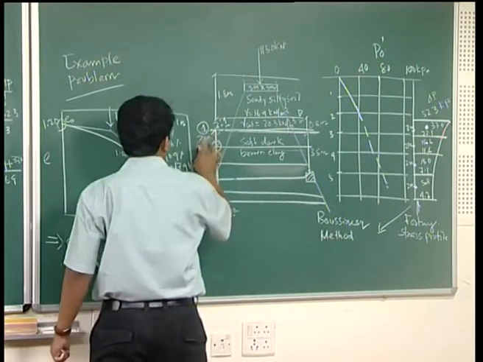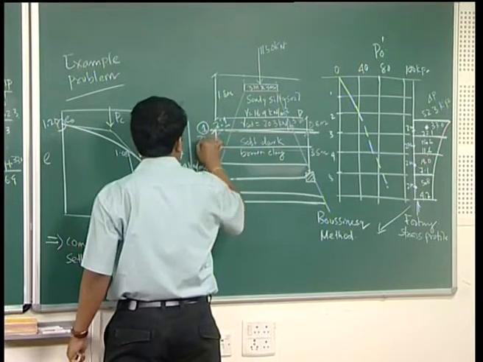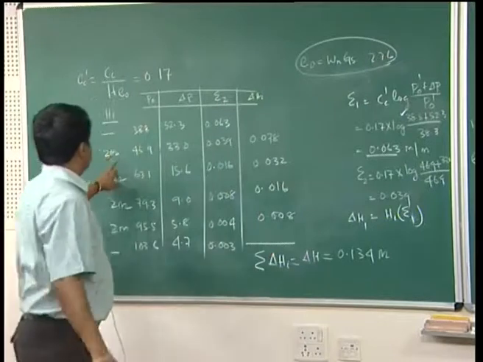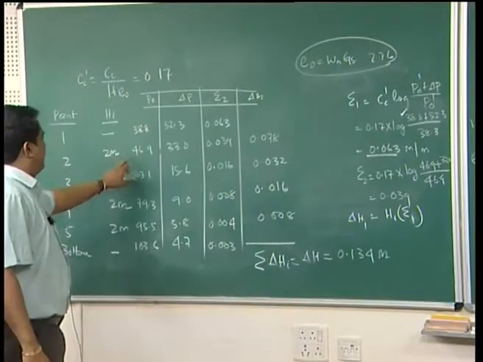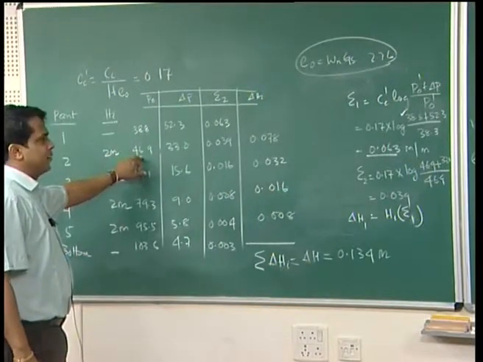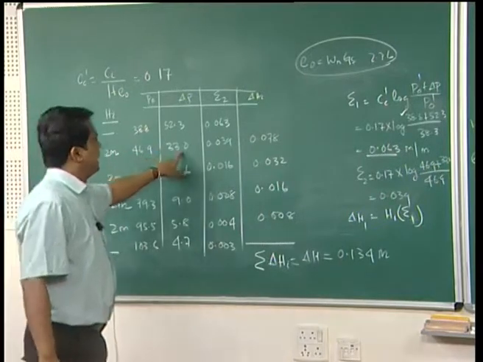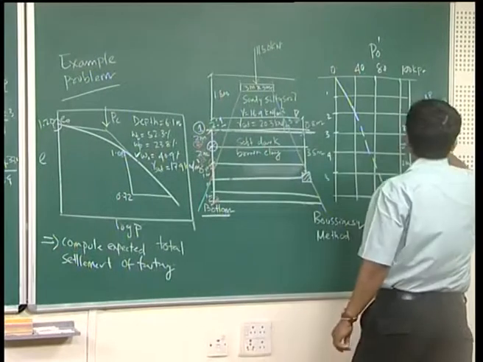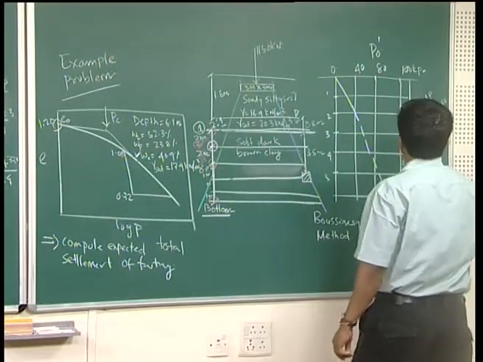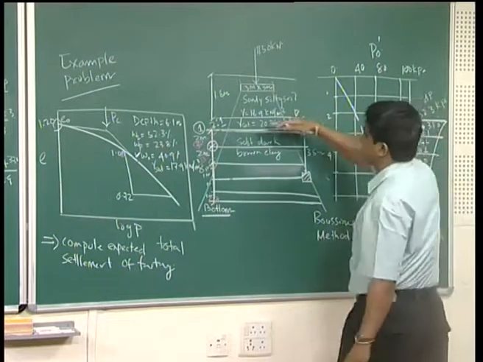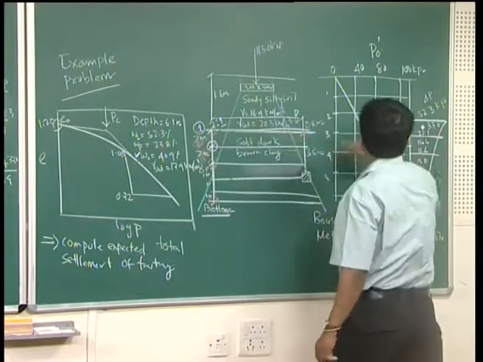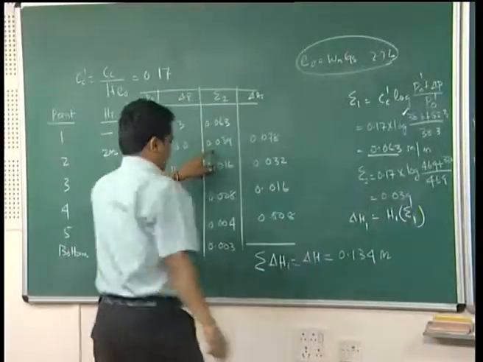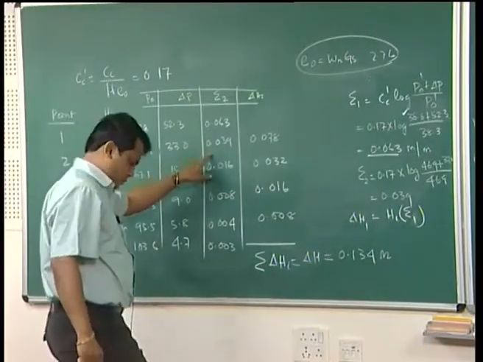So, particularly point 2, the height is equal to 2 meter and P0 is equal to 46.9, whatever we calculated, and the increase in stress delta P, if you look here, is 33.0. Initially it is 52.3 at the surface, at the center it will be 33.0. Now, from there you calculate your strain for point 2.